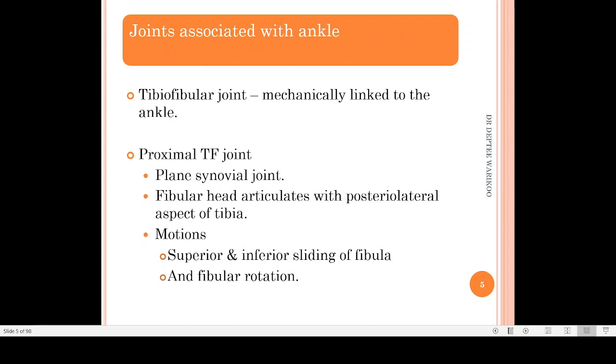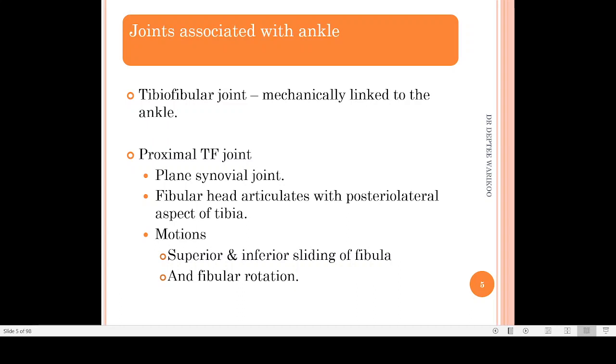So the joints which are associated basically with ankle are first the tibiofibular joint, that is the proximal and distal tibiofibular joints, and the talocrural joint. So when we talk about the proximal tibiofibular joint, it is a plain synovial joint.